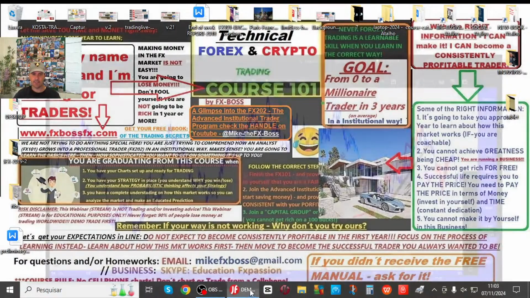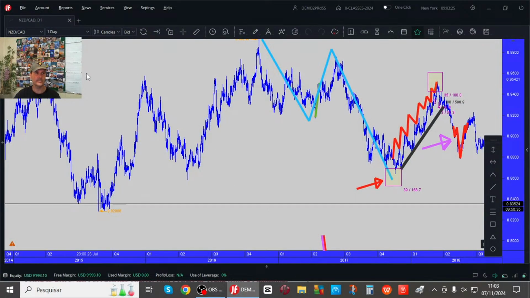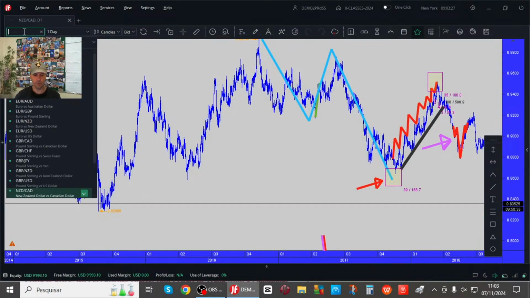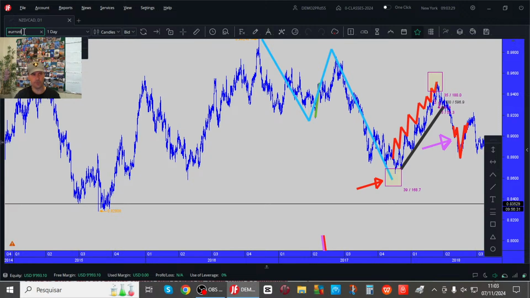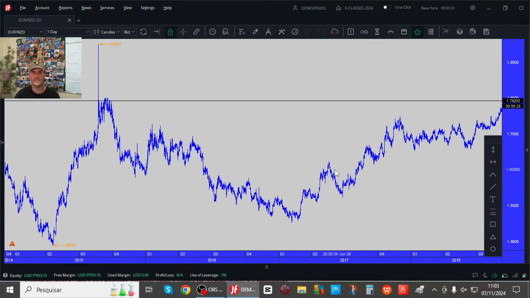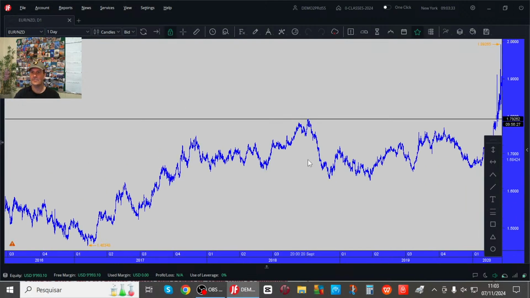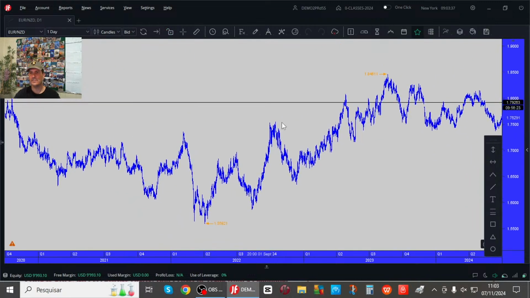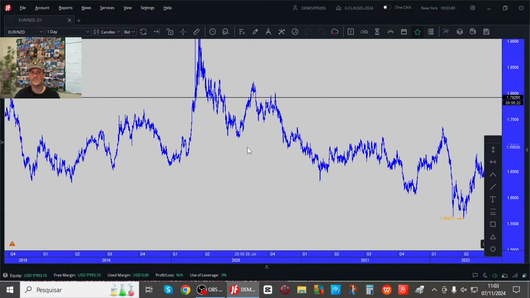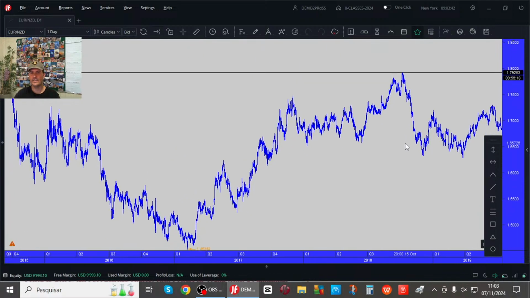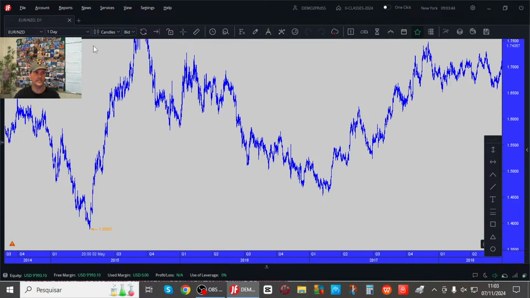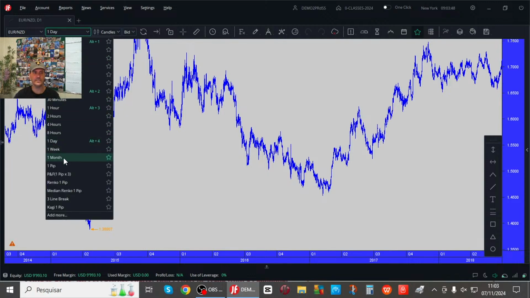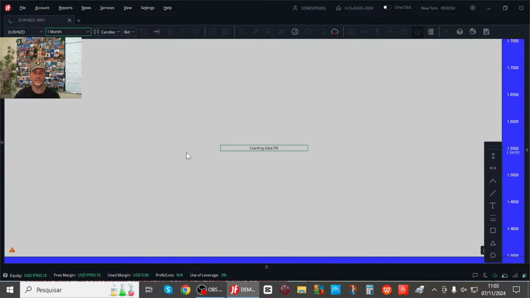Give me a second. Euro, New Zealand. Yesterday was Euro, New Zealand, right? No Fibonacci is in here. The market didn't. Or was it Euro AUD yesterday? Euro AUD maybe?